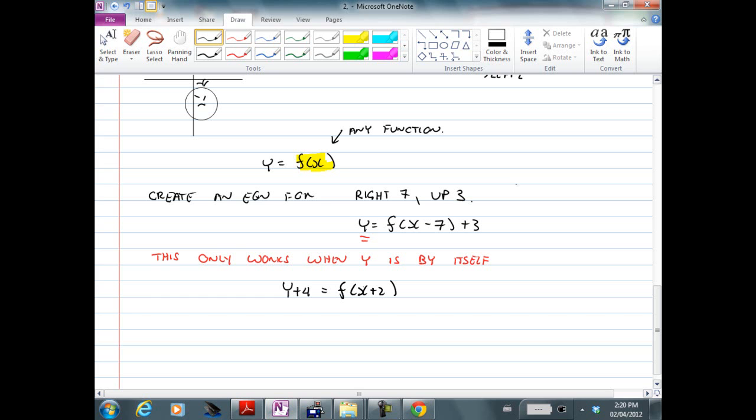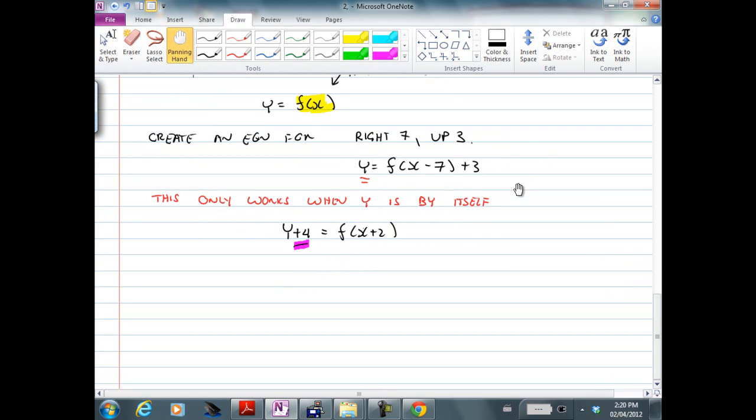Left 2. But look at this, there's a 4 here. You've got to bring it to the other side. See, that 4 is not up 4 anymore. When you bring it over, it becomes down. A lot of people don't realize that. Say, hey, Mr. Snow, there's plus 4. See, that only works if y is by itself. If I bring it over, y equals f of x plus 2 minus 4.